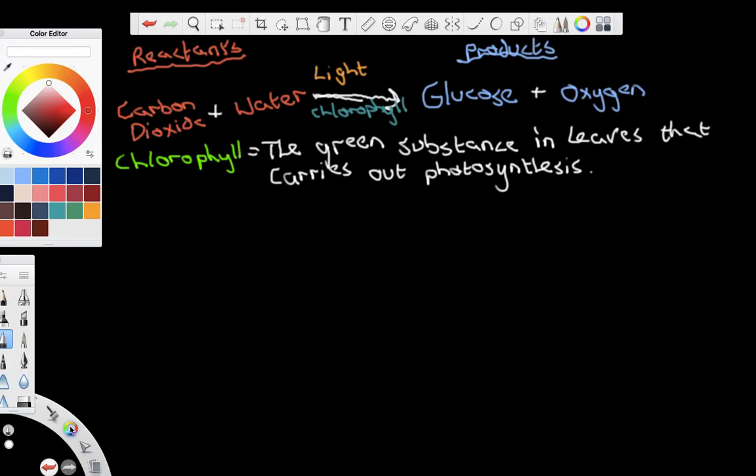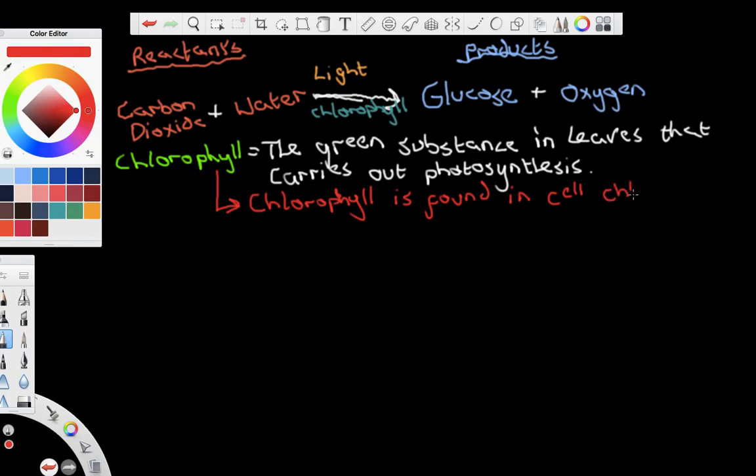Now the chlorophyll is stored in the chloroplast. If you think back to B1, when we spoke about the parts of a cell, the chlorophyll is found in this part of a cell known as the chloroplast. So chlorophyll is found in cell chloroplasts.